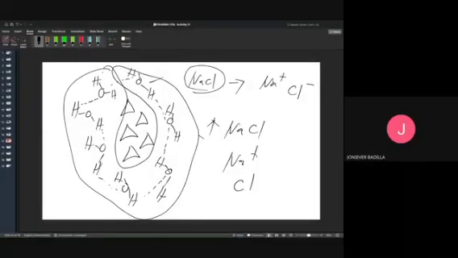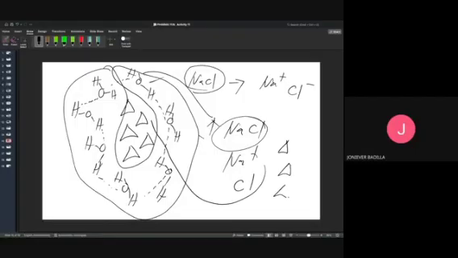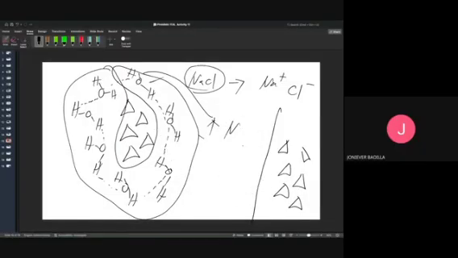So basically, they will compete for the binding of water. If NaCl binds to the water molecules, this will allow the ethers, represented by triangles, to escape the mixture, forming two layers.